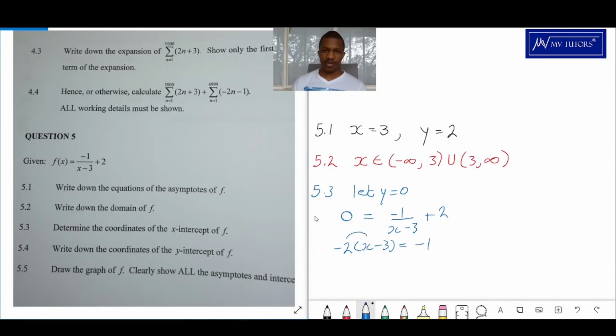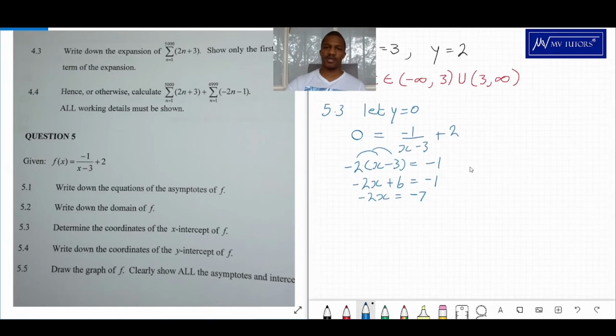So just multiply this in. Minus 2 times x, I get minus 2x. Minus 2 times minus 3, I get a positive 6, and it's going to be equal to minus 1. I'll take it to the other side, then it becomes minus 2x is equal to minus 7.